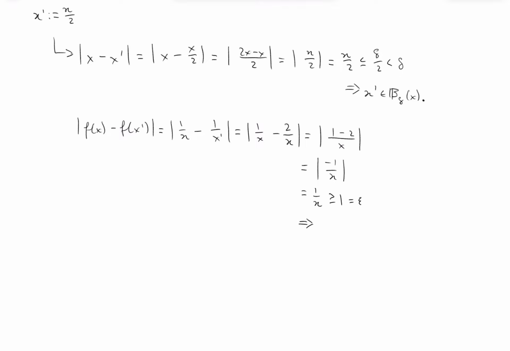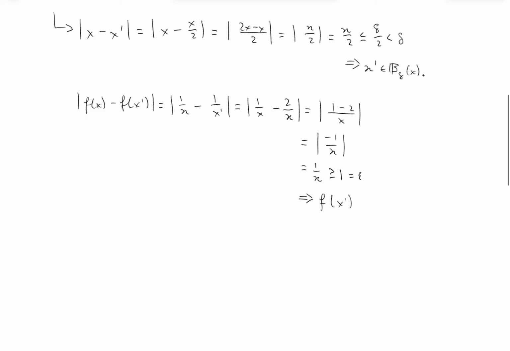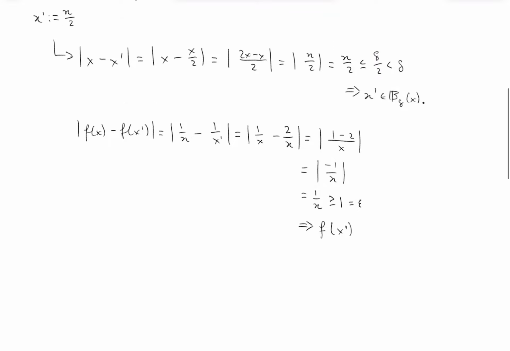So this implies that f of x prime is greater than or equal to 1, or greater than or equal to epsilon. So therefore it's not contained. So f of x prime is not contained because it has to be strictly less than the value.